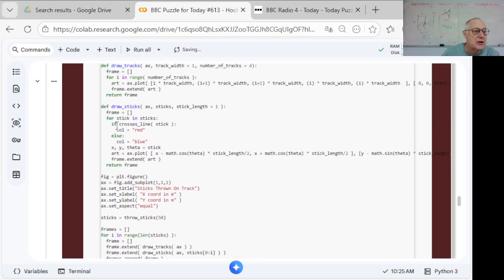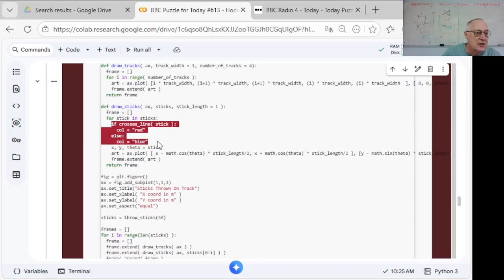Here I just changed the code. So if the stick crosses a line, then it's painted in red. If it doesn't cross the line, it's painted in blue.